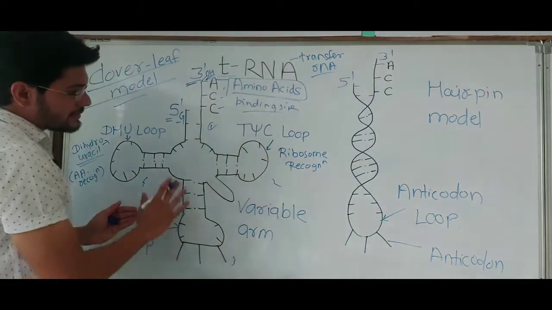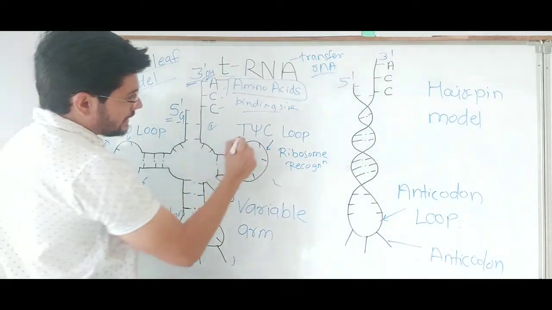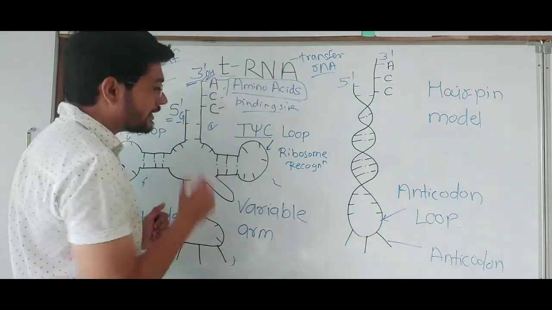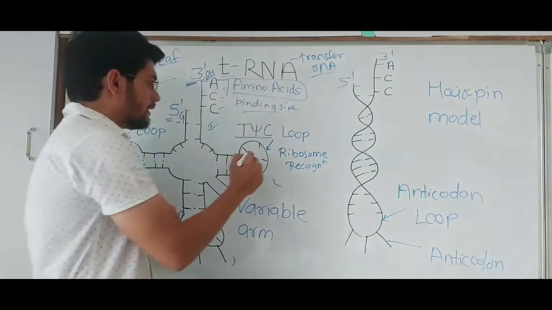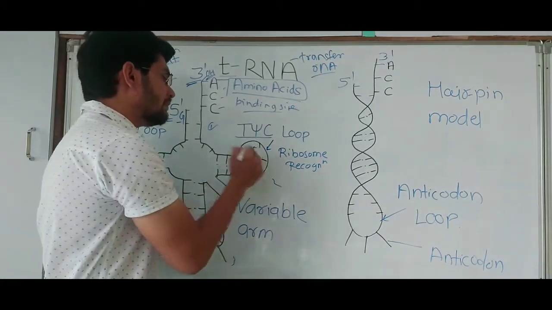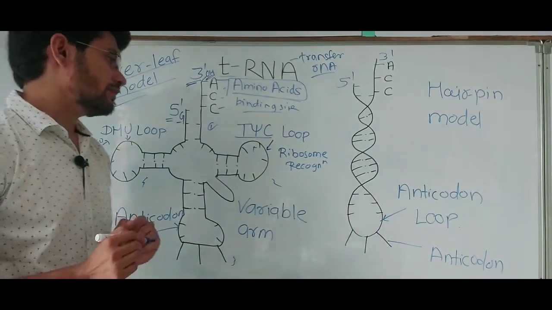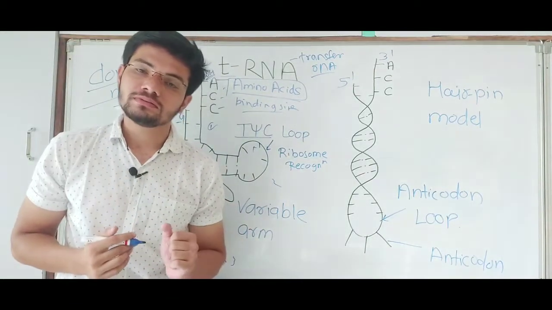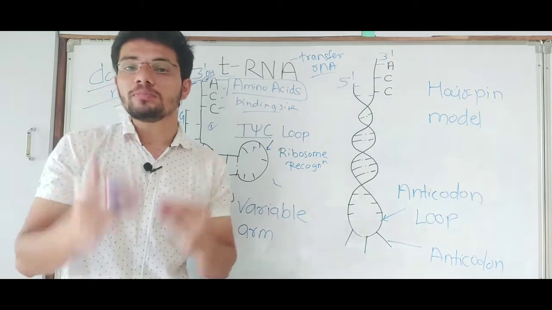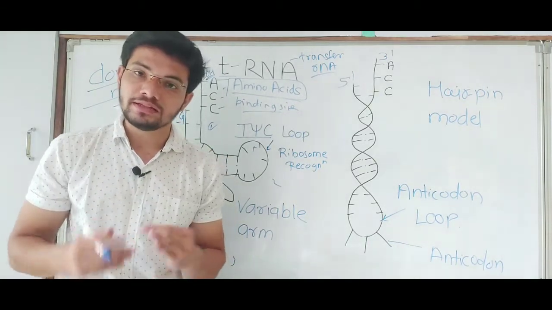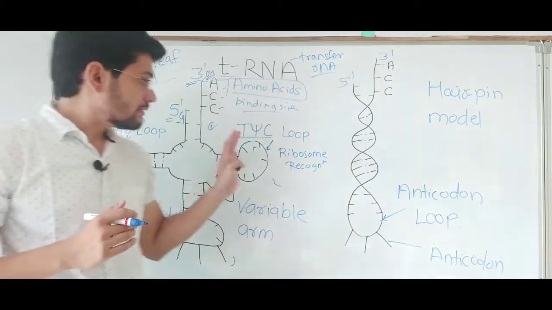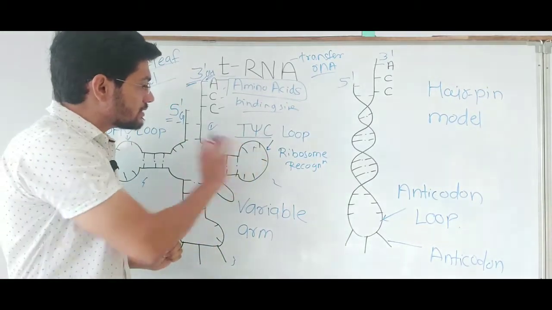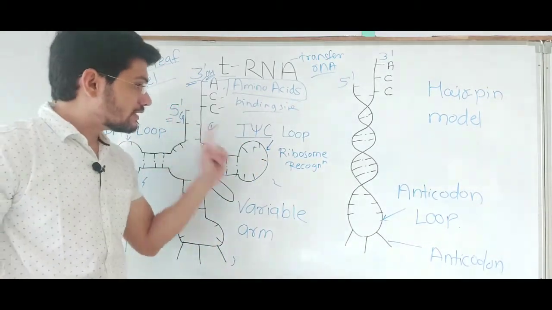After that, here is the second arm which has the T-psi-C loop or T loop, because in this arm there is a thymine nitrogen base also present. Remember, thymine is generally not present in RNA structures. There is uracil instead of thymine, but this is an exception case, so this loop is termed the T loop.